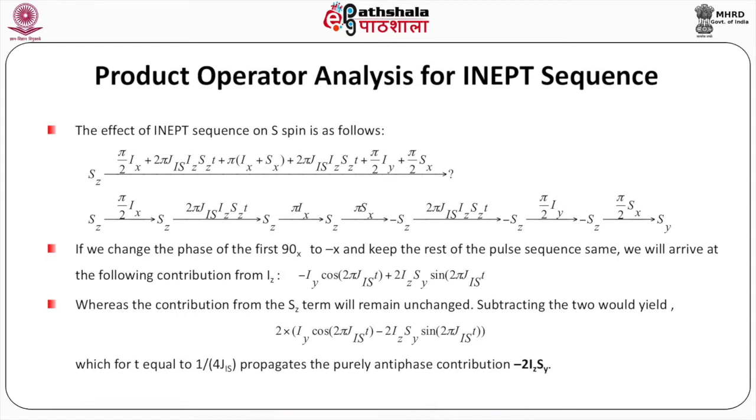Whereas the contribution from the SZ term will remain unchanged. Subtracting the two would yield 2 Iy cos 2 pi JIS t minus 2 IZSY sin 2 pi JIS t, which for t equal to 1/4 JIS propagates the purely antiphase contribution, minus 2 IZSY.